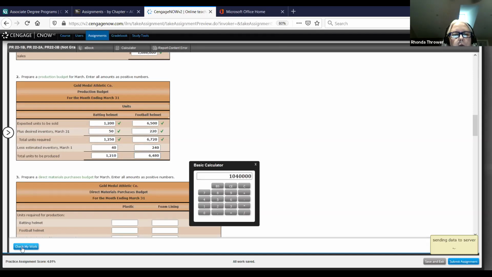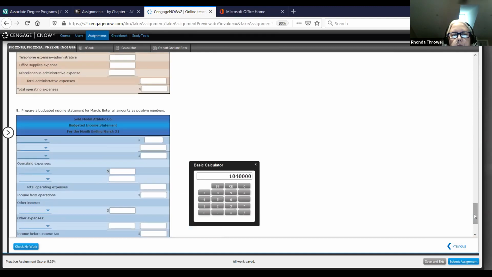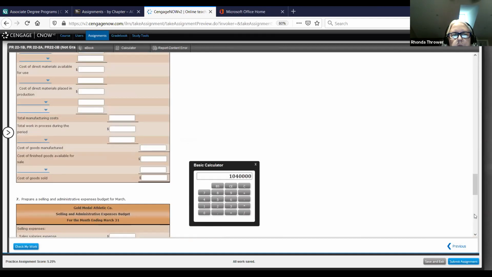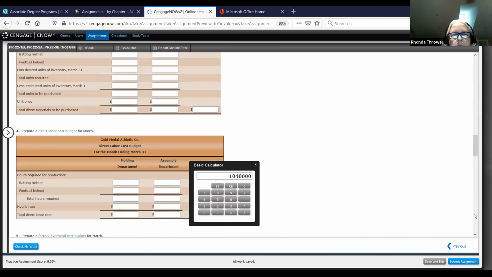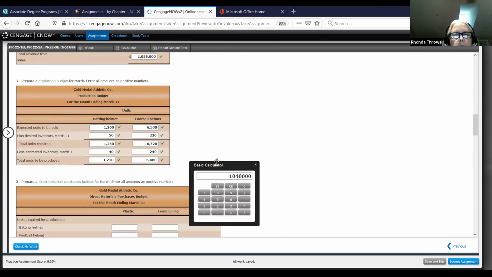And we're going to check our work. The total units to be produced for the production budget are 1,210 of the batting helmets and 6,480 of the football helmets.